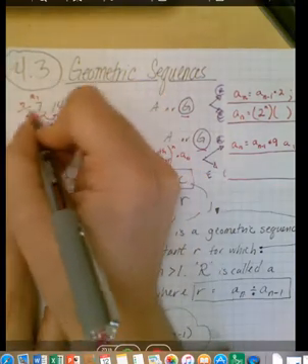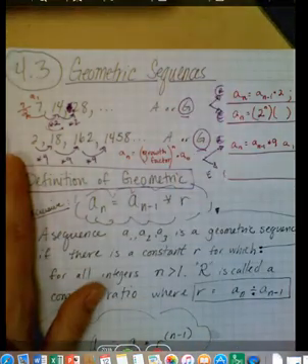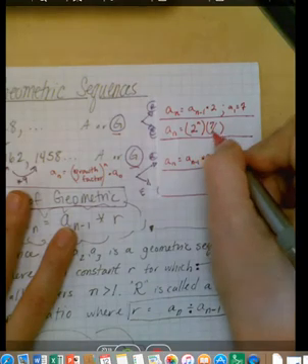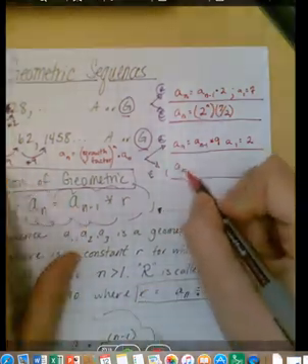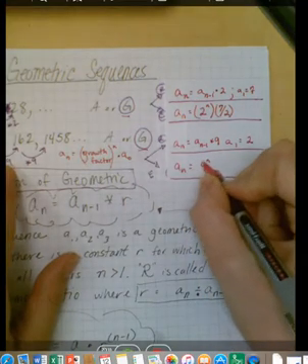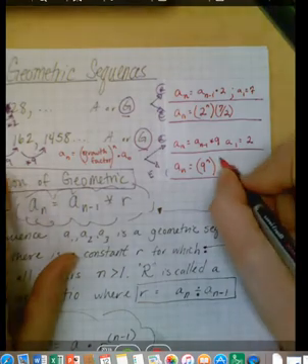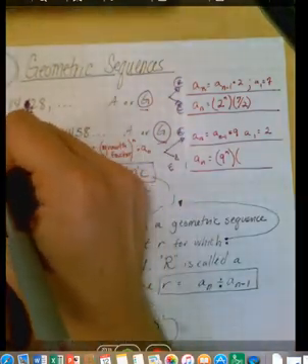Either instance here, 7 divided by 2 is 7/2, or 7 times 1/2 is 7/2. So 7/2. Here, my output is found by taking my growth factor of 9, raising it to the nth, and my a sub 0 would be 2/9.